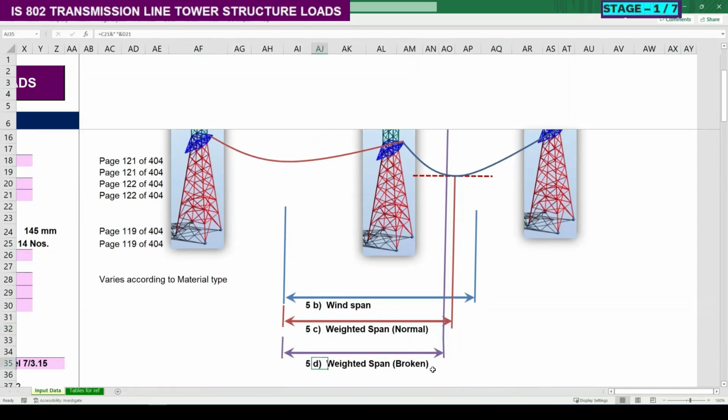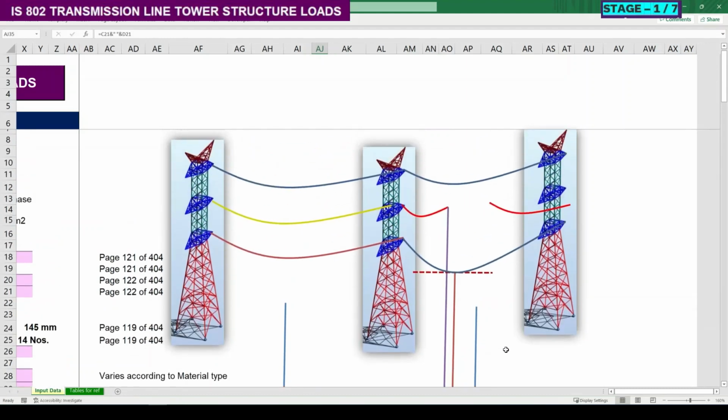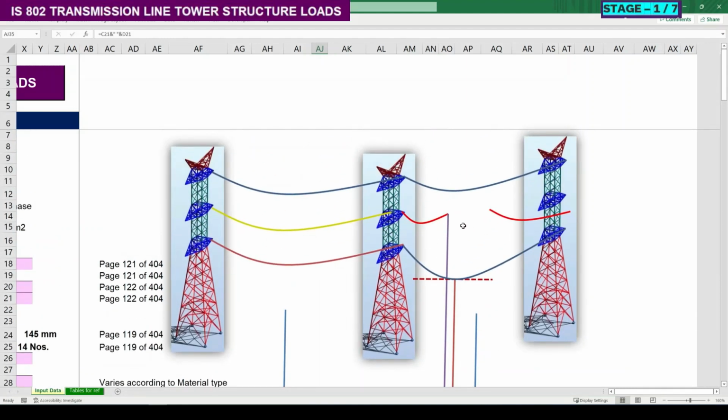And coming to the weighted span of broken condition, suppose one side of the conductor is broken due to failure of material. This is possible whenever the conductor is loaded to its ultimate strength, so breaking of the conductor is possible.